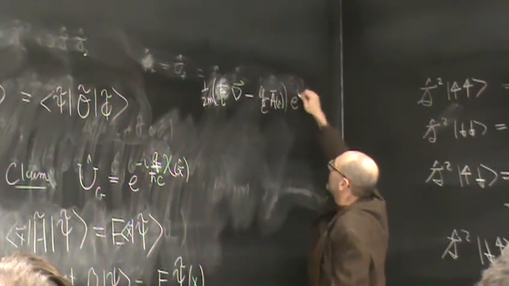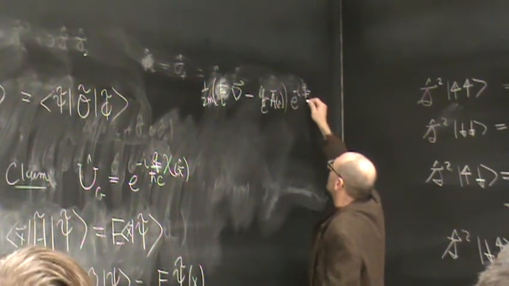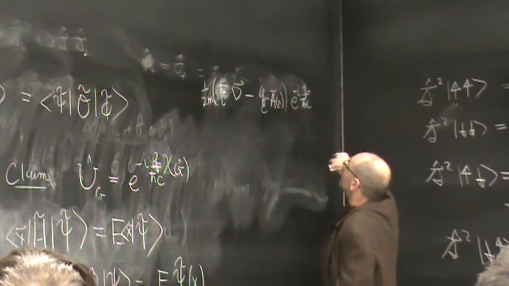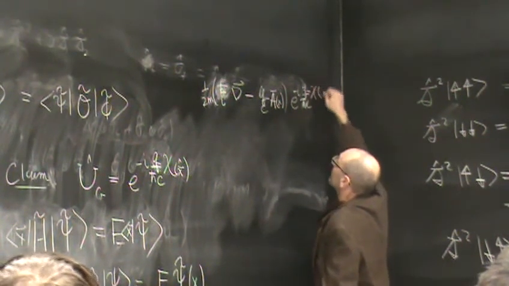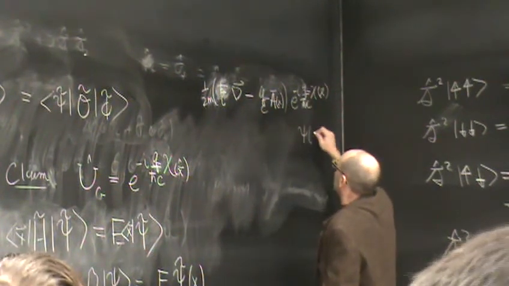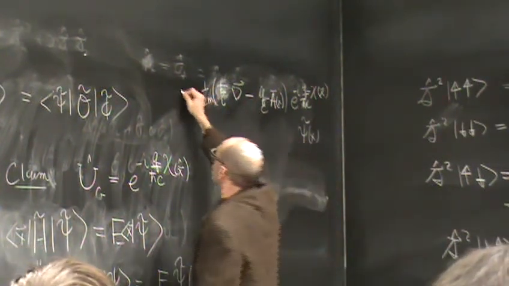Then I have my e to the i q, or even minus i q over h bar c chi of x acting on psi tilde.